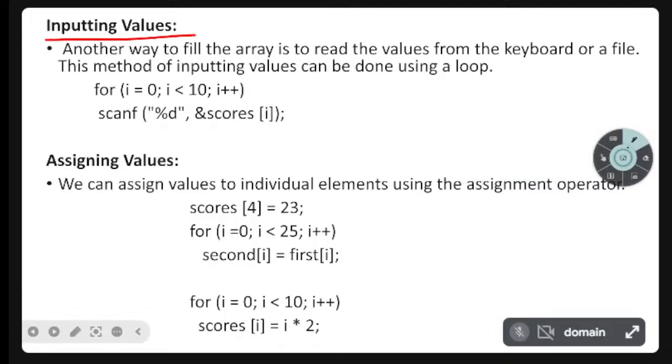Here we take the help of a for loop to store the values. Why? We cannot write the scanf statement 10 times. Normally we would need to write the scanf statement 10 times. What is the purpose of a loop? Repetition. For that, we take the help of a for loop.